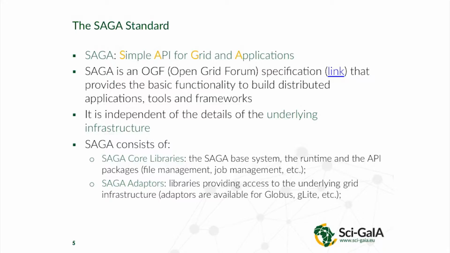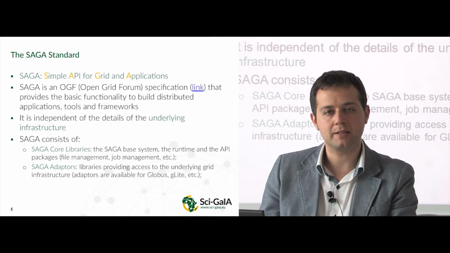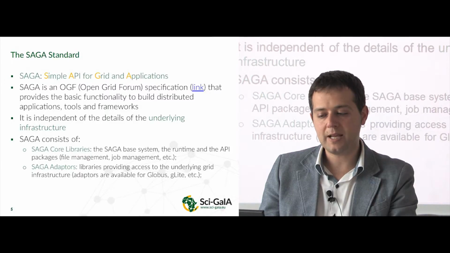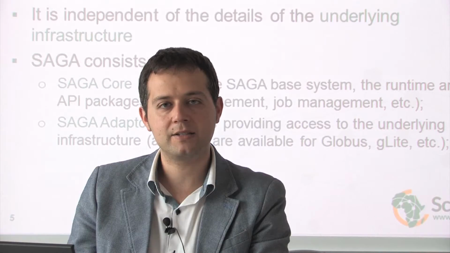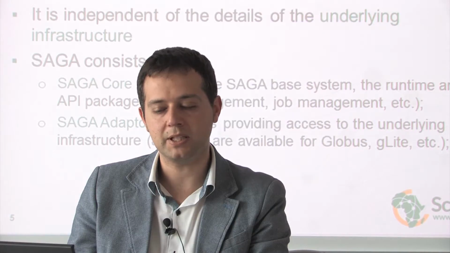It is independent of the underlying infrastructure details, and it consists of two main components: the SAGA core libraries and the SAGA adapters. The SAGA core libraries are the base system, the runtime, and the API packages, while the SAGA adapters consist of many libraries that provide seamless access to several kinds of distributed computing infrastructure middlewares.